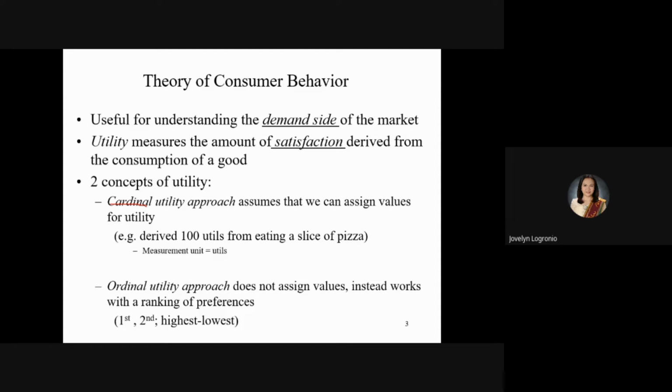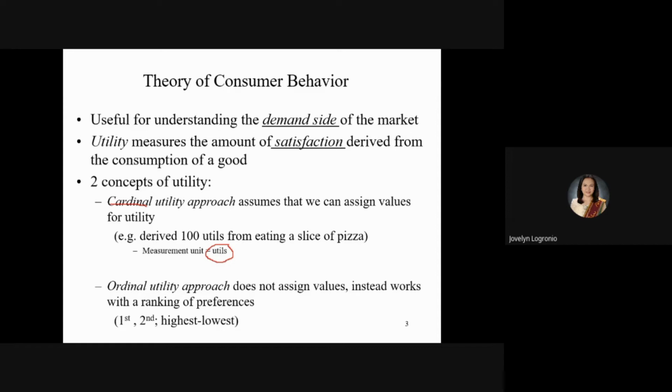How satisfied are you from eating a slice of pizza? If we assign values on our level of satisfaction from eating a slice of pizza, then the unit is utils. So pwedeng 100 utils from eating a slice of pizza or 50 utils from eating a cone of ice cream.